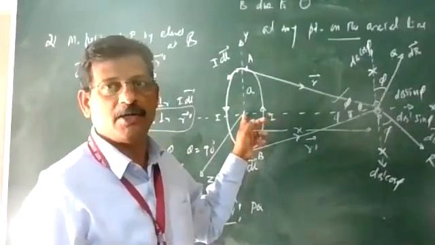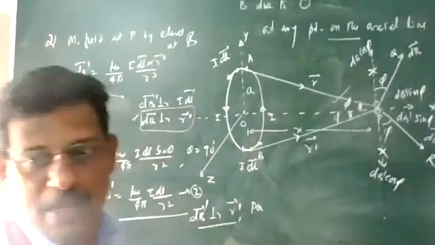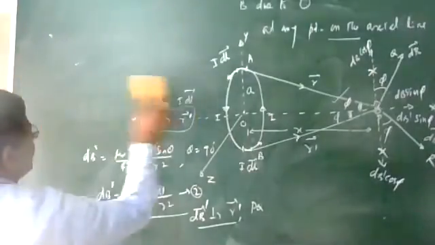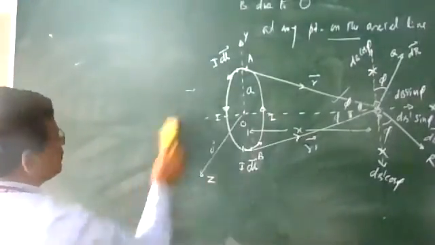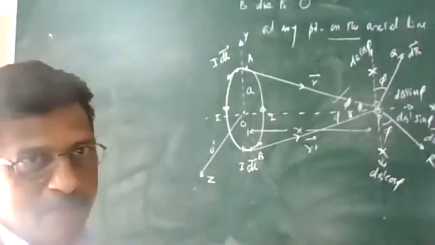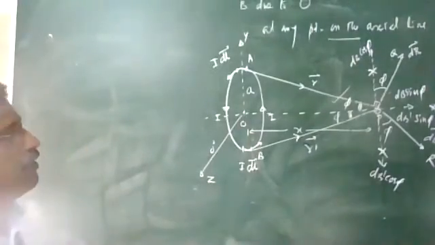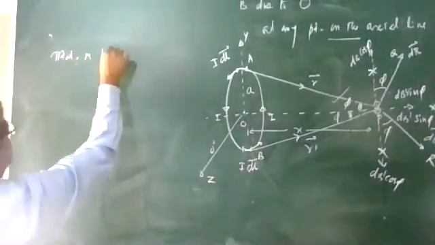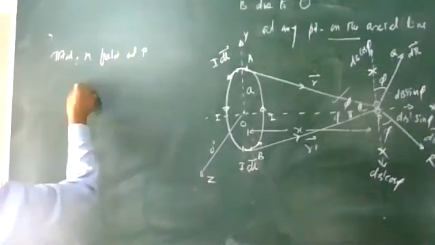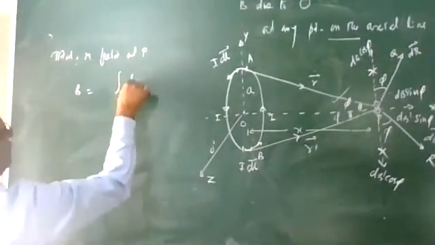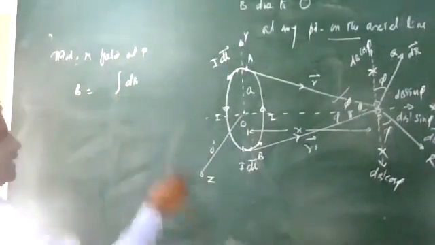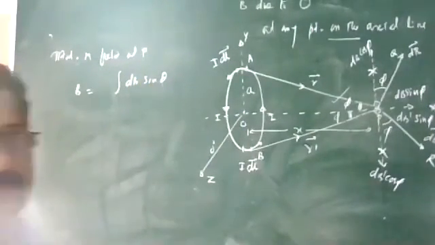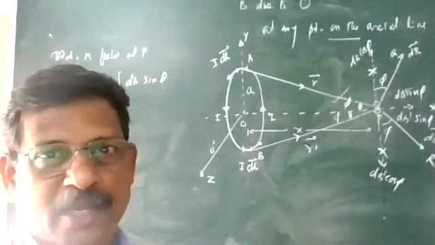The diagram is completed. Now, the next point is that total magnetic field at the point P is obtained by just integrating. The dv sin phi of each element is along the x-axis. So the total magnetic field at P is got by integral of dv sin phi. We have to add dv sin phi of every element.